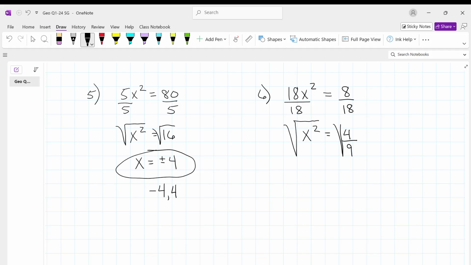And then you can square root both sides. So the square root of x squared is equal to x. The square root of 4/9 is positive or negative 2/3. So your solutions are negative 2/3 and positive 2/3.